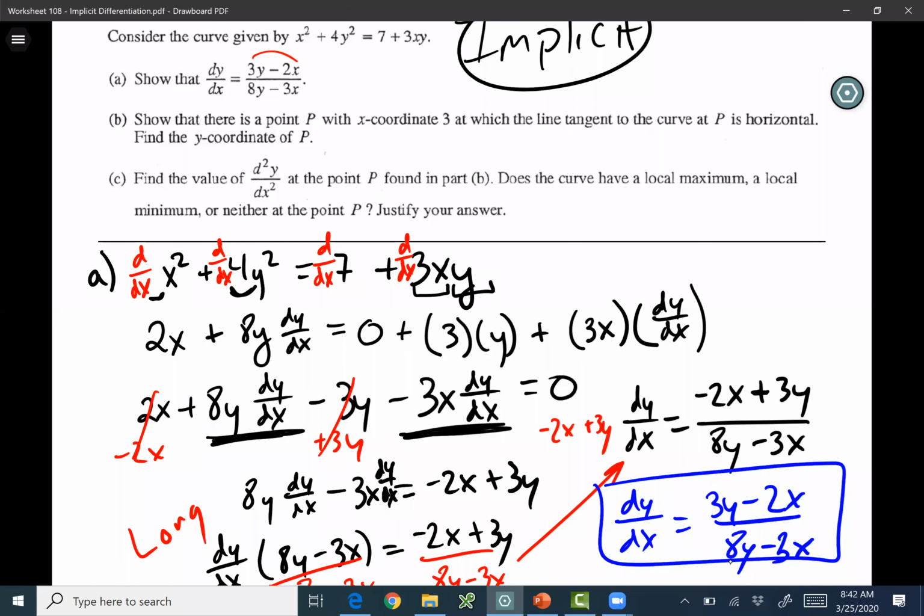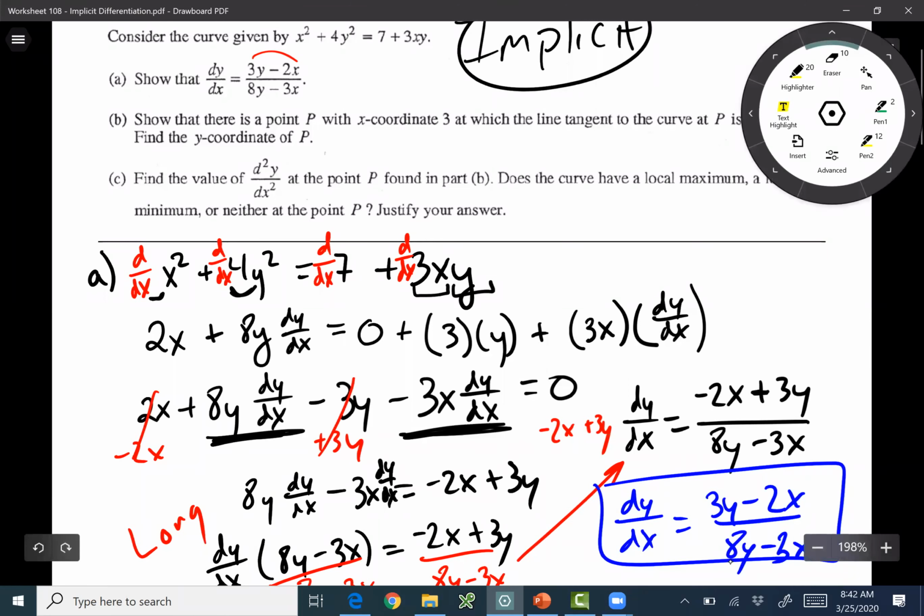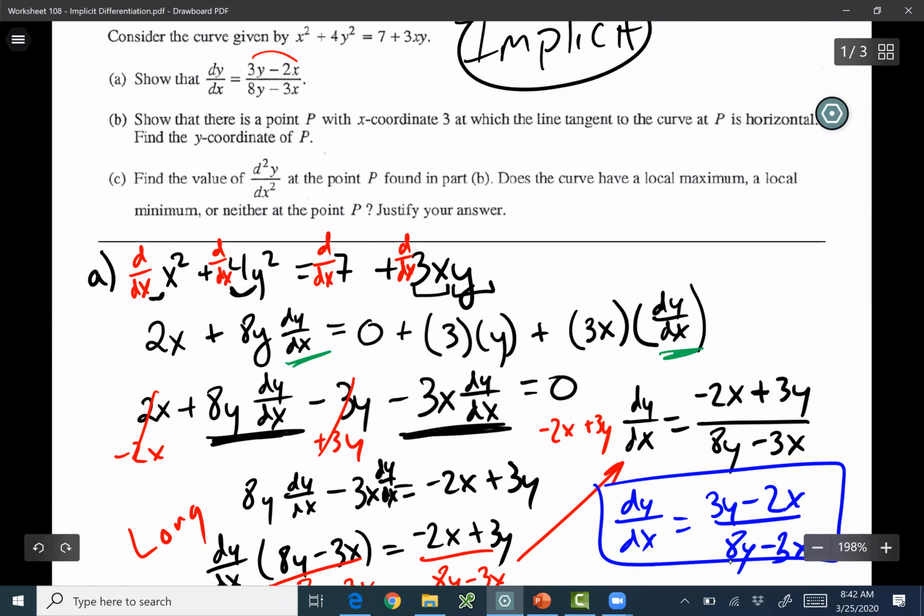They'll usually give you 1 point for the dy dx parts, and I'll give you a second point for the rest of the work. So B says, show that there's a point with an x coordinate of 3 at which the line tangent to this curve is horizontal.